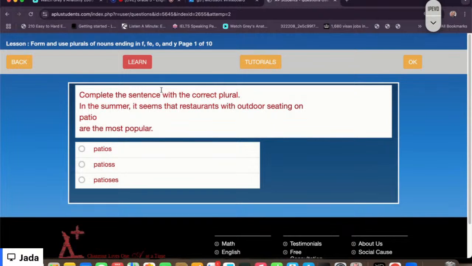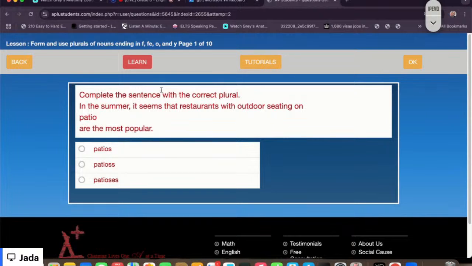So what do you have here? So the patio will have what?